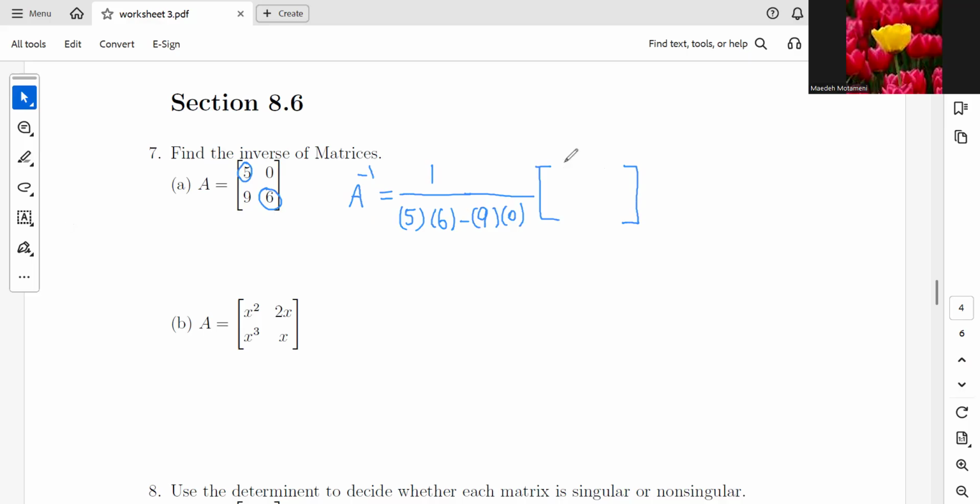It means that you would write 6 and 5 here. And for the other ones, you would write the opposite. So we know that the opposite of 0 is 0, and the opposite of 9 is negative 9.